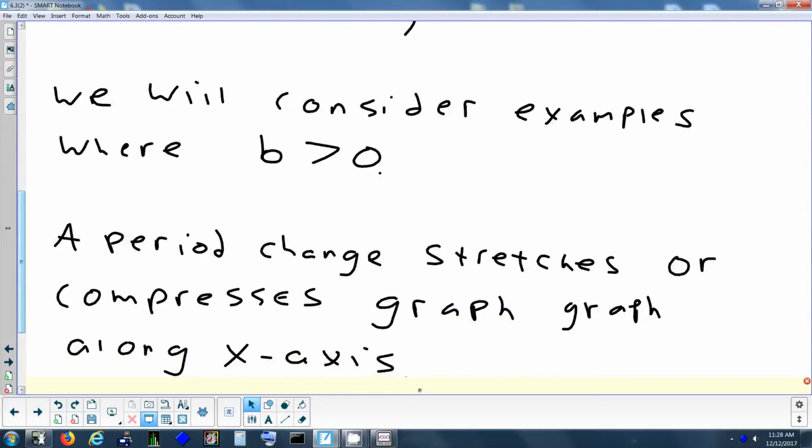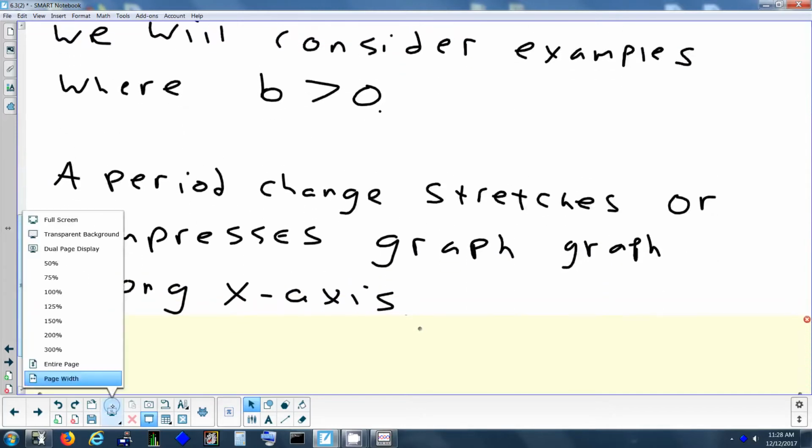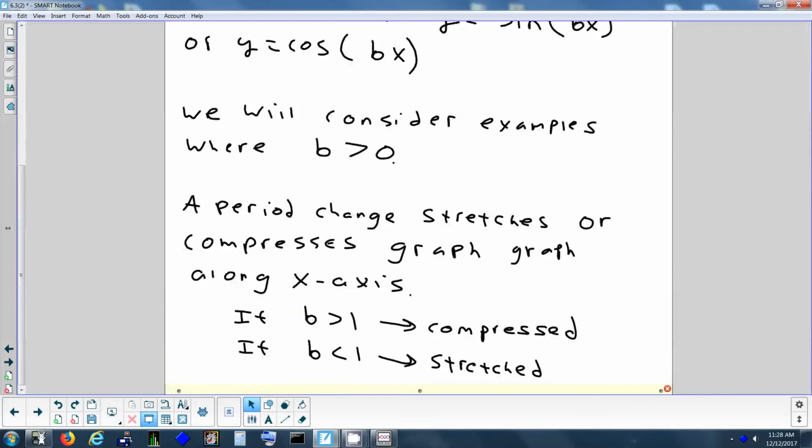So period change stretches or compresses the graph along the x-axis. And just to be clear about what kind of numbers do what, numbers bigger than 1 compress it. The bigger the number, the more the compression.